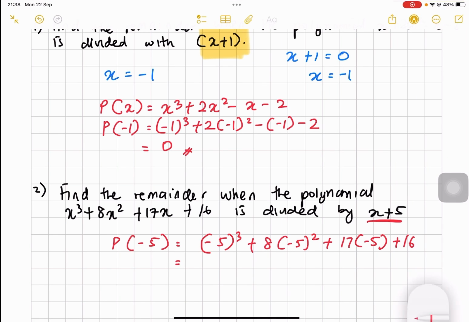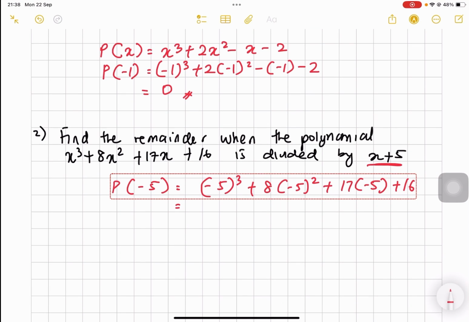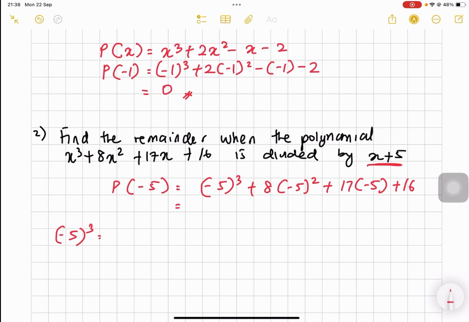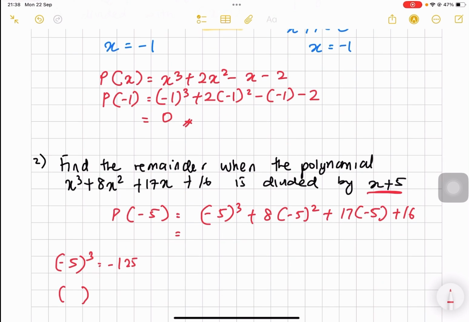Be careful of the negative sign. Negative 5 cubed gives negative 125. Please be careful of the cube and squared, and make sure to include the brackets in your calculator. Now you're going to get 6. See, very short.